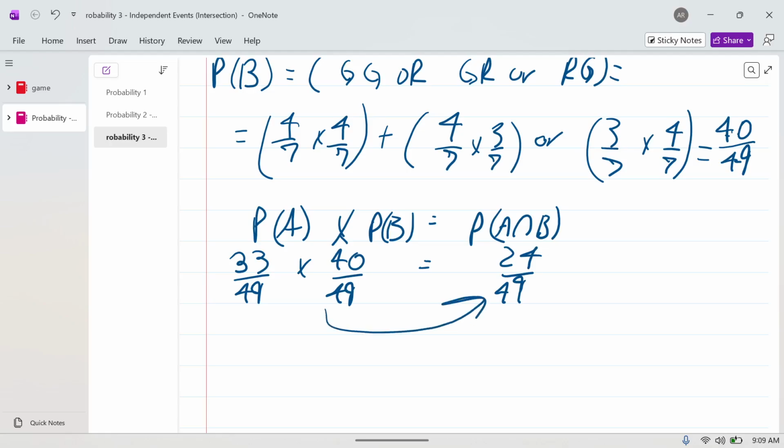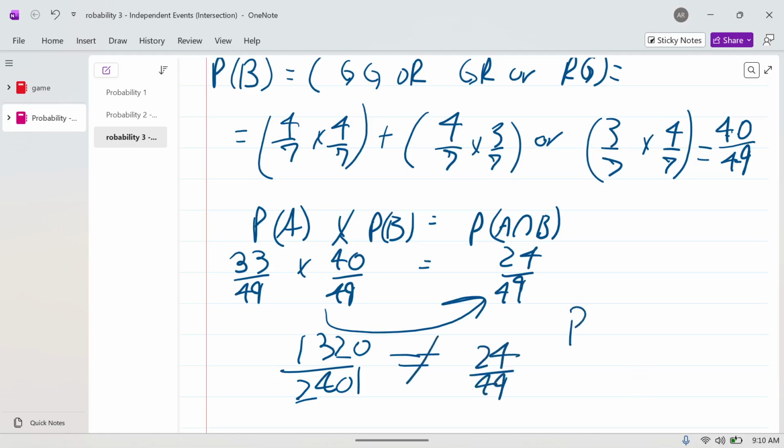If that's not the case, then both of them are not going to be independent. The answer is 1320 divided by 2401. This entire thing is not equal to 24 over 49, which means both of the events are not independent.